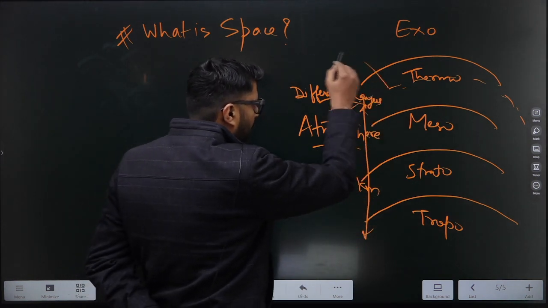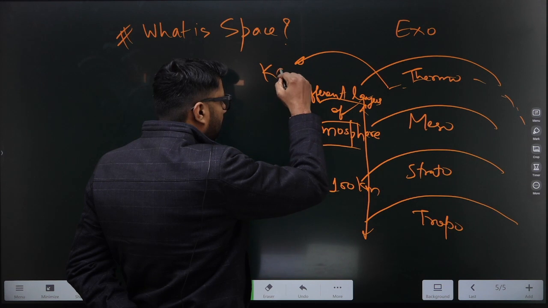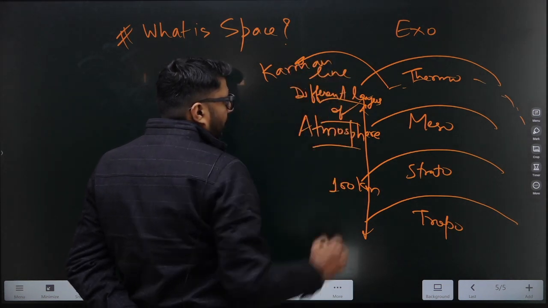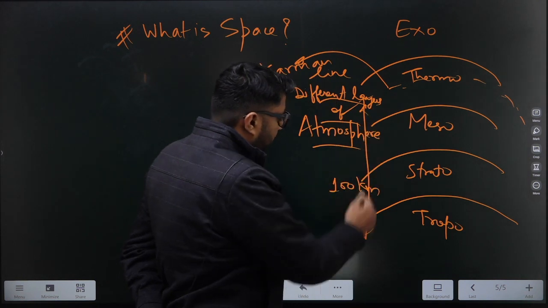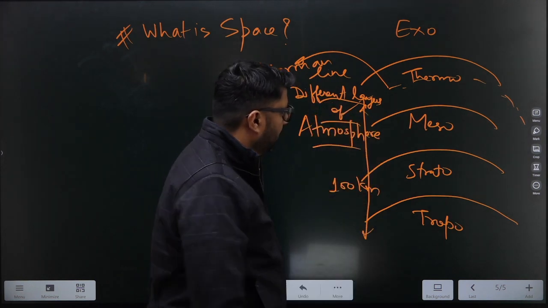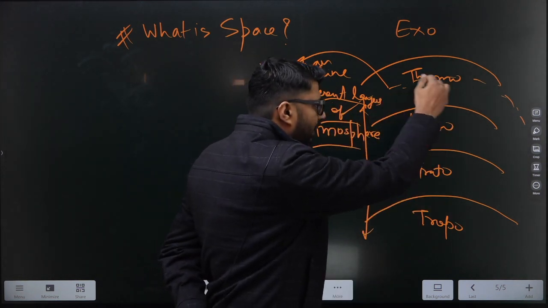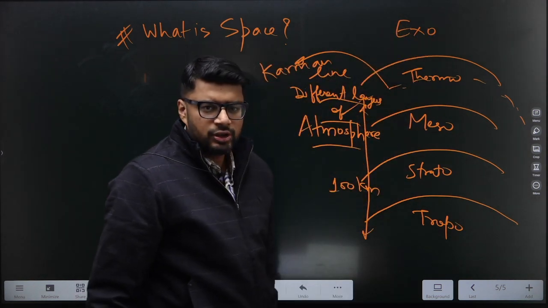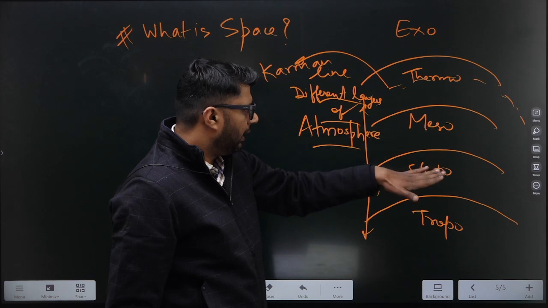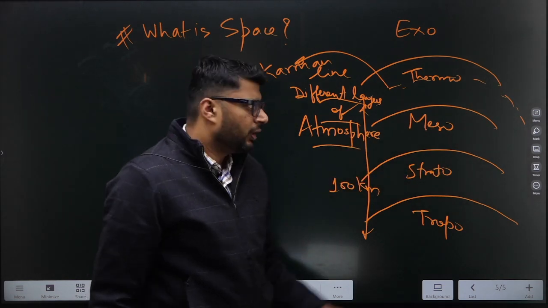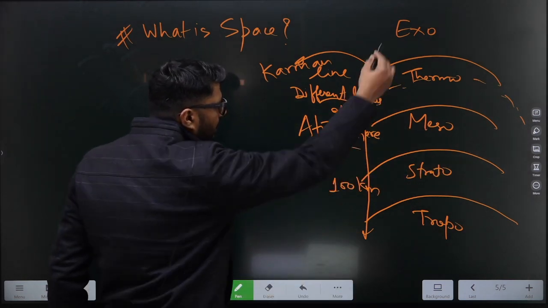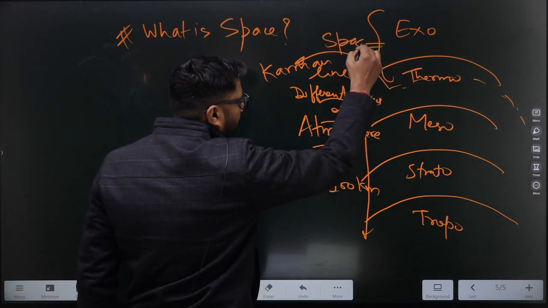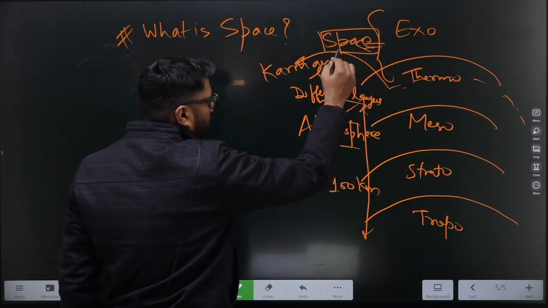This imaginary line is called the Kármán line, which is 100 kilometers from sea level, in the thermosphere. Above this line, it is called space. Below this line, it is called atmosphere.